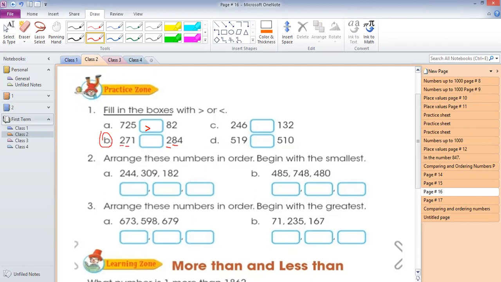So guys, which sign should I put here on B? This one or this one? Answer me in the chat box. 271 is dash than 284. Jamal Badar, very good. I have already received the answers from Hamza Sayyed, very good.